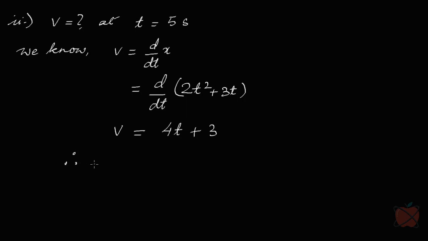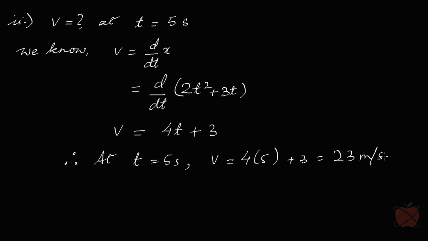Therefore at t equal to 5 seconds, now you put the value of t. What will be the value of v? That will be 4 times 5 plus 3. 4 fives are 20 plus 3, 23 meters per second. So is the average velocity and the instantaneous velocity the same? It's not the same.